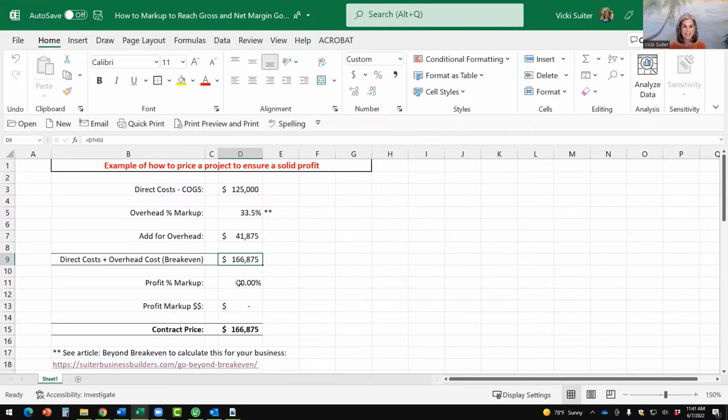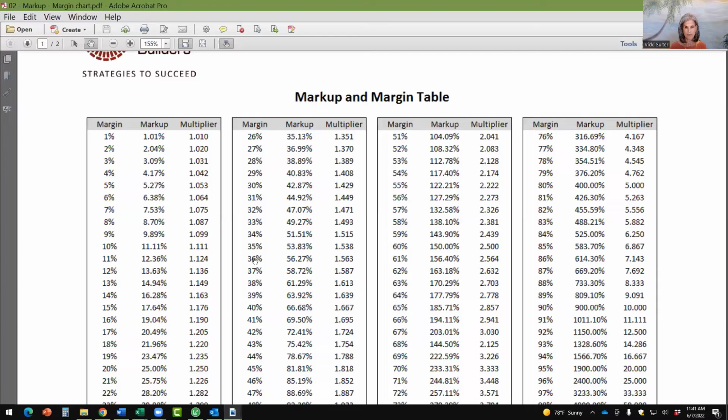And then let's say I want to make a profit of 12%. So remember I said margin is always going to be a lower number than your markup. You have to mark up more to get less of a percentage on the bottom line. And I'm going to show you briefly a table for that. So if I want to make a 10% margin on the bottom line, I have to mark up 11.11%.